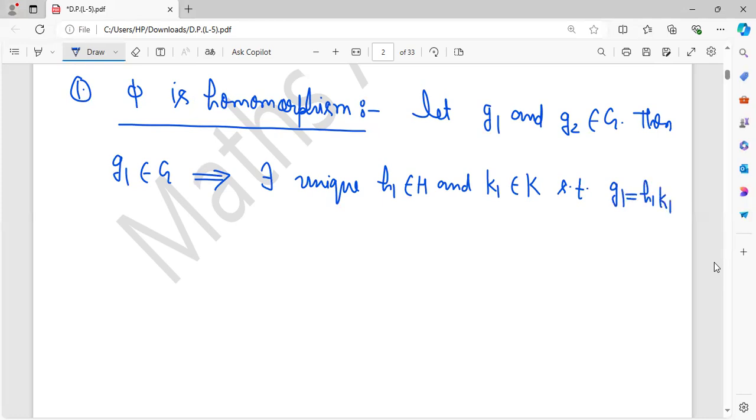Then phi of g1 will be h1 by the definition of phi.